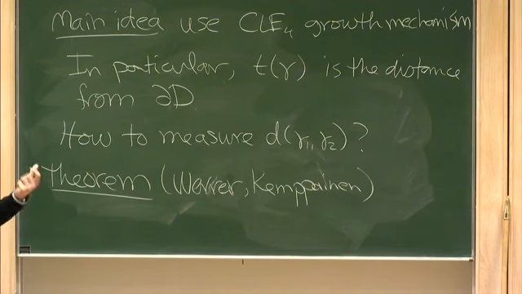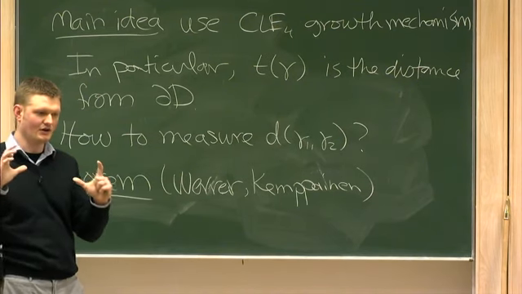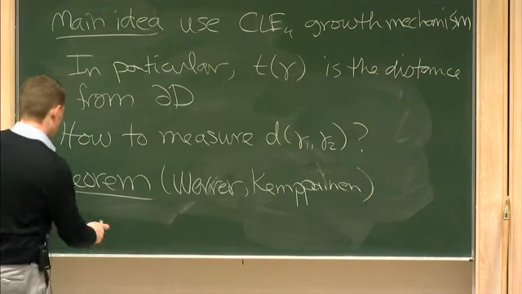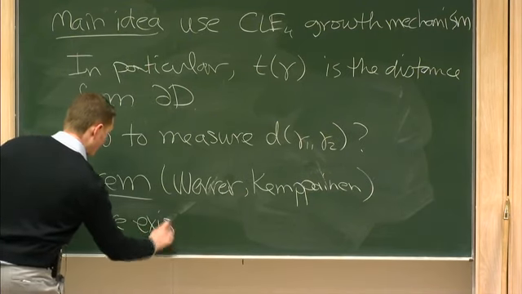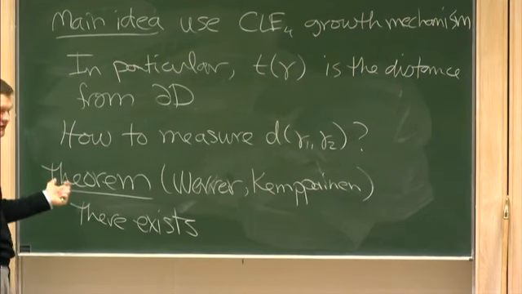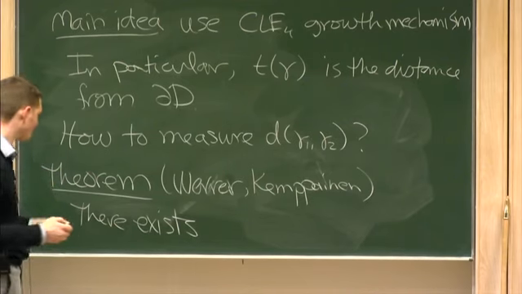In other words, there's a scale factor that controls where they are, but up to scale factor their shape has the same law. And we'll also need a part of this result that says that, in fact, this process is Mobius invariant. So you can invert the CLE4, and it's the same thing.